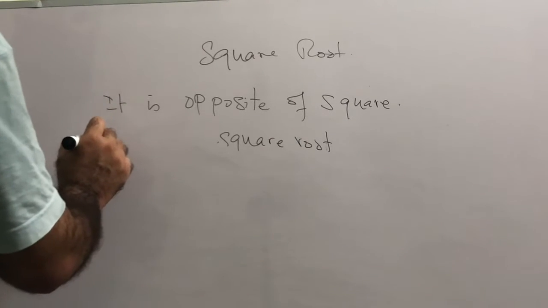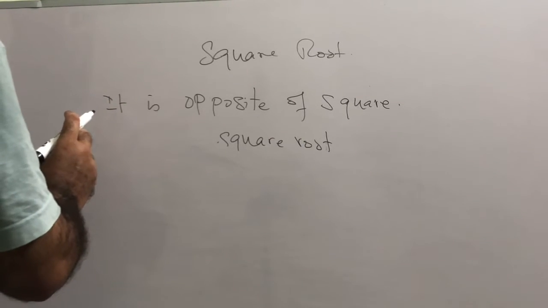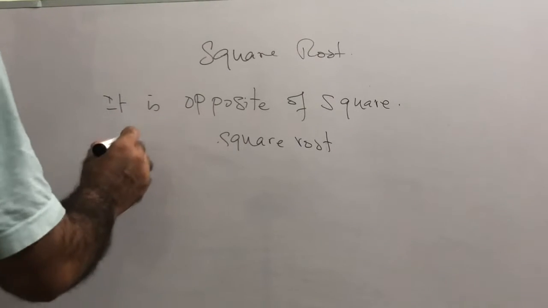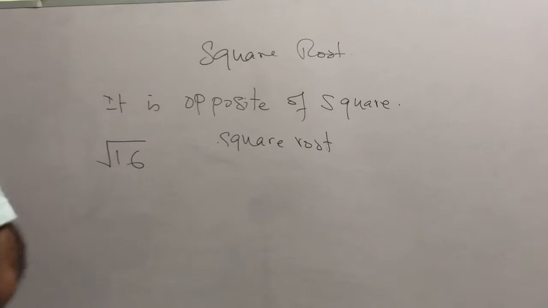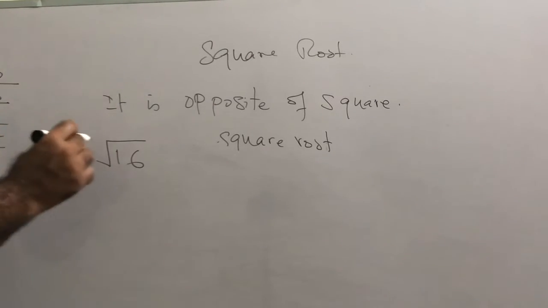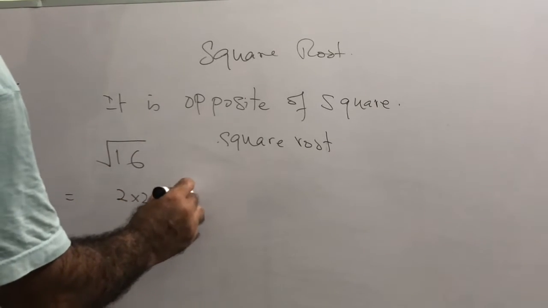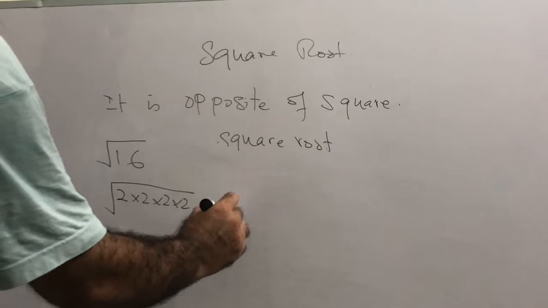Let's suppose it is 16, and we need to find its under root. First of all, we'll find the prime factorization. 16 divided by 2 becomes 8, divided by 2 becomes 4, divided by 2 becomes 2, divided by 2 becomes 1. So 16 can be written as 2 into 2 into 2 into 2 under root.